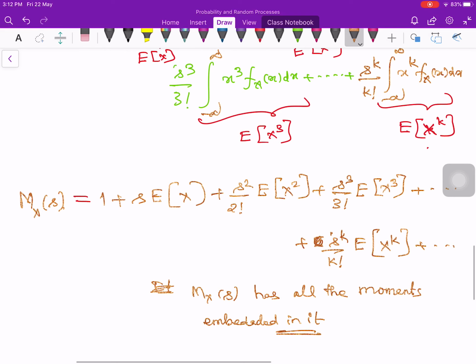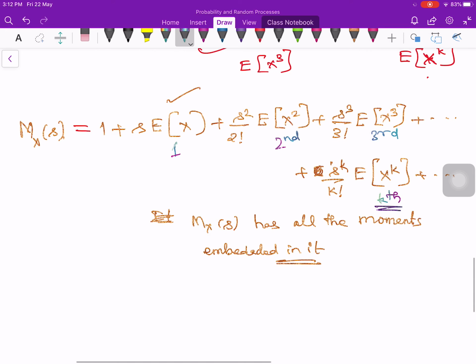So you can look at here, you can get the first order moment, then the second order moment, third order moment, and so on. This is the kth order moment. So all moments are there in this characteristic function or moment generating function. So you can compute the moments from the characteristic function.